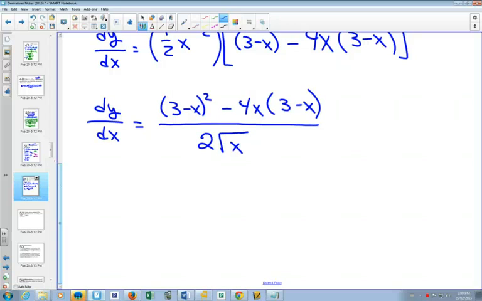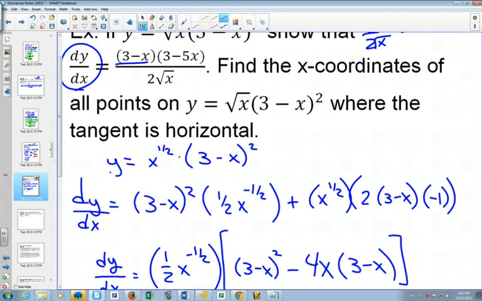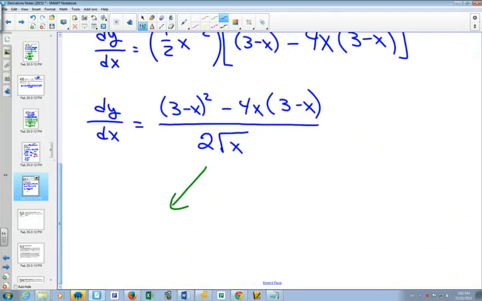For this one, for my favorite way, since I know that my answer wants a 3 minus x, and I look at what I have right now, that I have a 3 minus x in both terms, I can factor it out as a common factor.